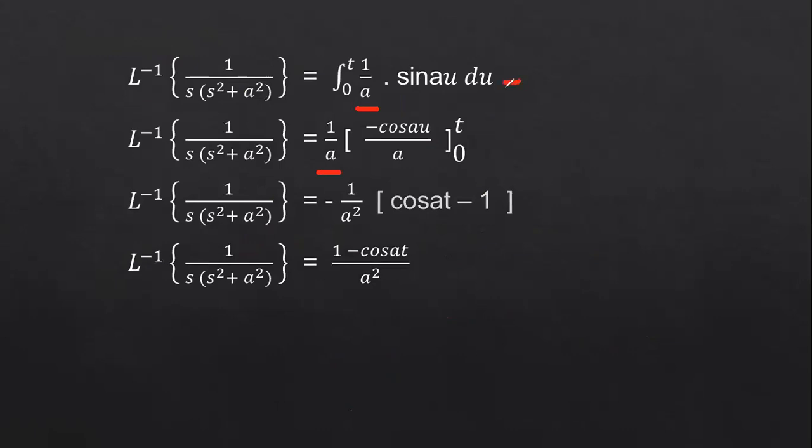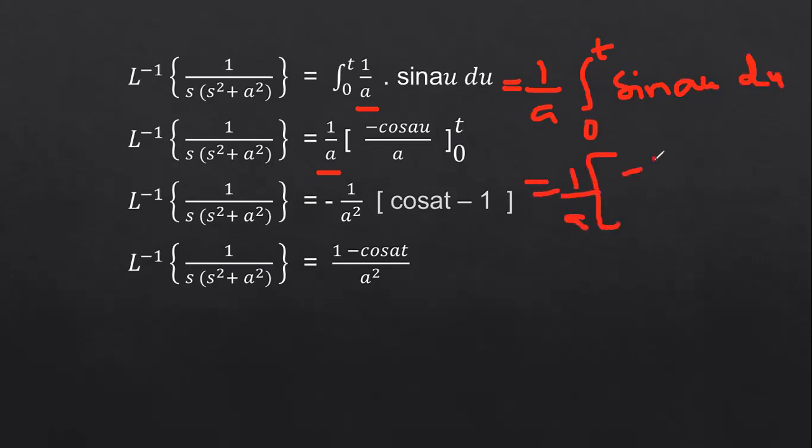So we have 1 by a, integration 0 to t of sin au into du. Integration of sin can be represented as minus cos au by a, with limits 0 to t.